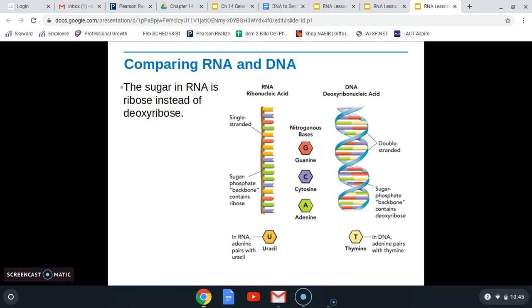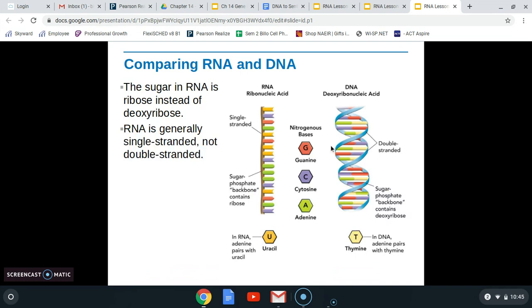DNA gets its name, deoxyribonucleic acid, from the sugar deoxyribose. In RNA, we have the same 5-carbon sugar. It's just not missing one of those oxygens, so we call it ribose. So one of the key differences here is the sugar that goes into making them.